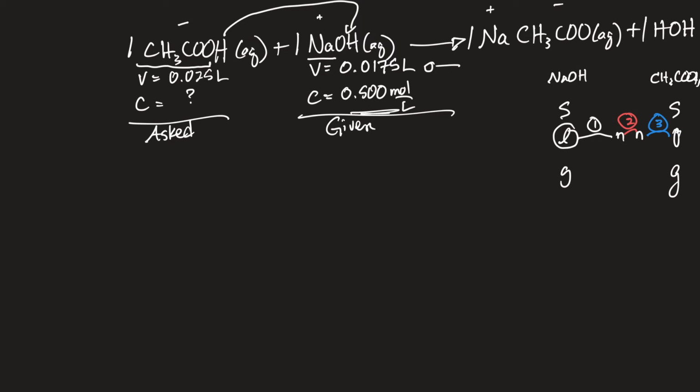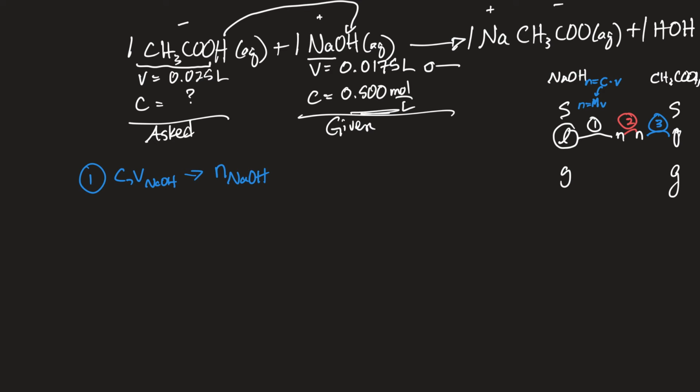Okay, step 1. On the river, they have the formula n is equal to capital M times V. That capital M we've replaced with C. So really the formula you use is n equals C times V. In step 1, I'm taking the concentration and volume of sodium hydroxide, and I'm getting moles of sodium hydroxide from that.